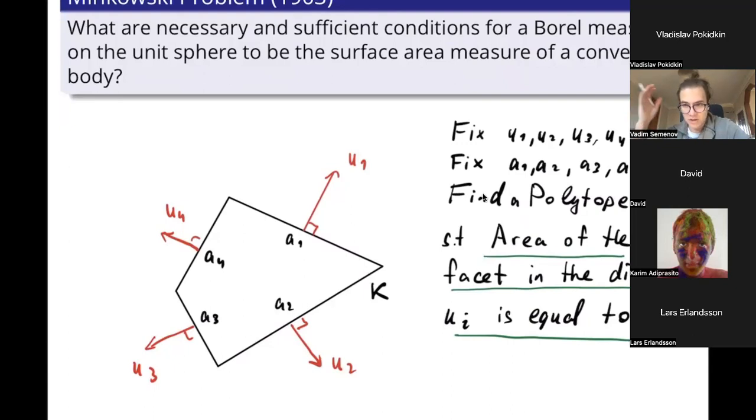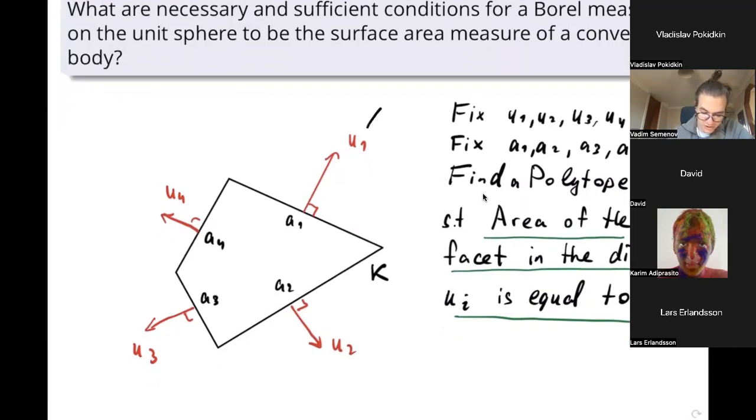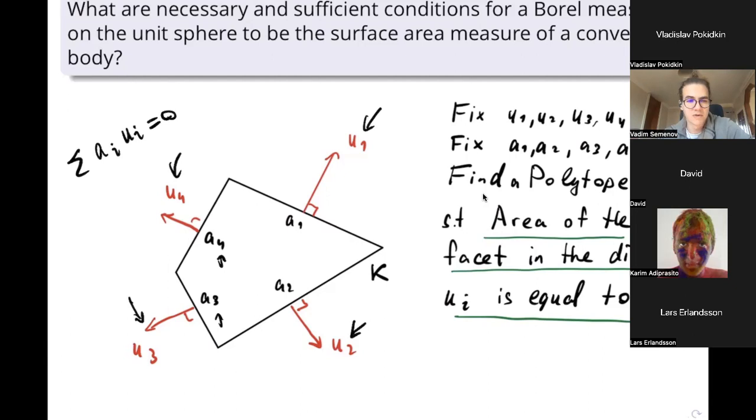Imagine you're in some R^n, and you fix some directions, and you are looking at the polytope with these fixed directions for its facets. Each facet has an area, or length in 2 dimensions, and these are numbers a_1, a_2, a_3, a_4. Hopefully everybody saw this in high school: in the plane, the sum of a_i times u_i is 0 for any convex polytope.